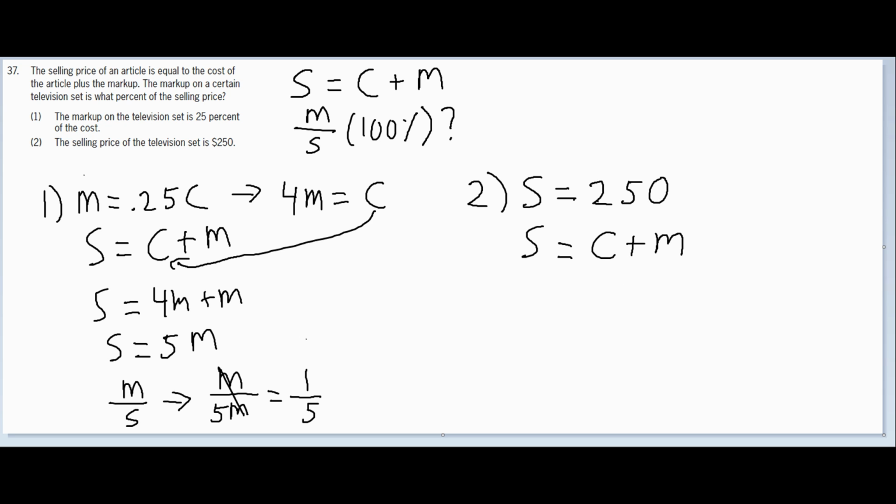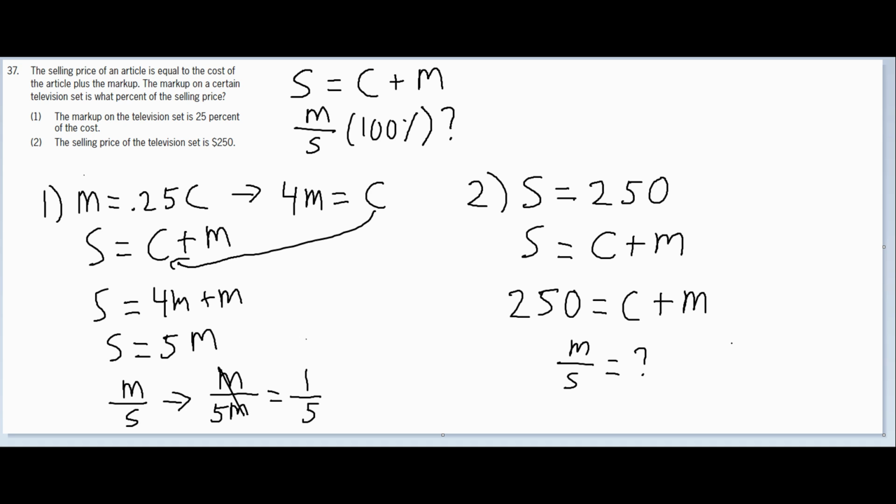So if S equals 250, we can go ahead and plug that in here. So 250 is equal to C plus M. And again, we're trying to find out what is M over S.